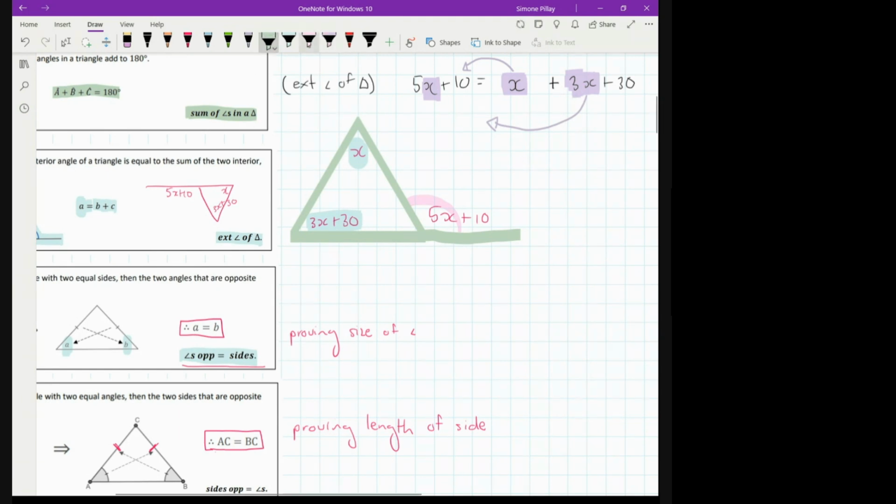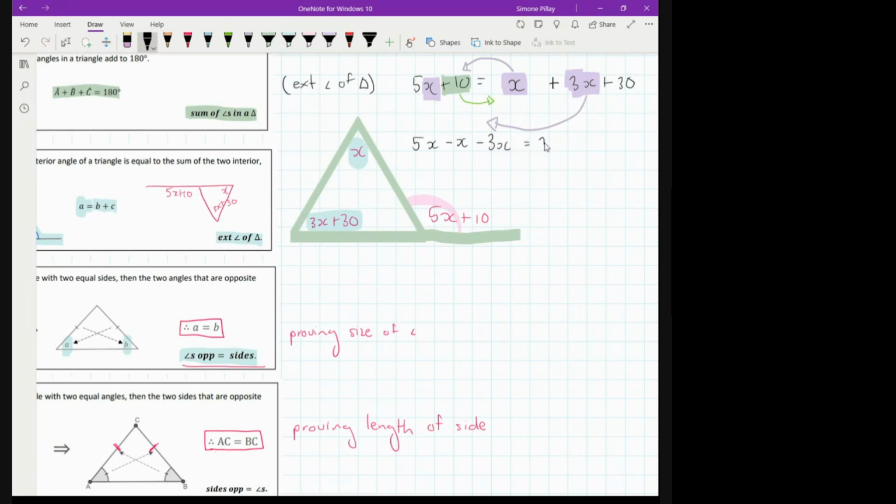And then this 10, I want it to be on the other side. I don't want it to be with all my variables. So I'm going to transpose that one as well. What I'm left with is 5x. When I move my x over, it's a positive x, so it becomes negative when I move it over. My 3x also will become negative 3x.